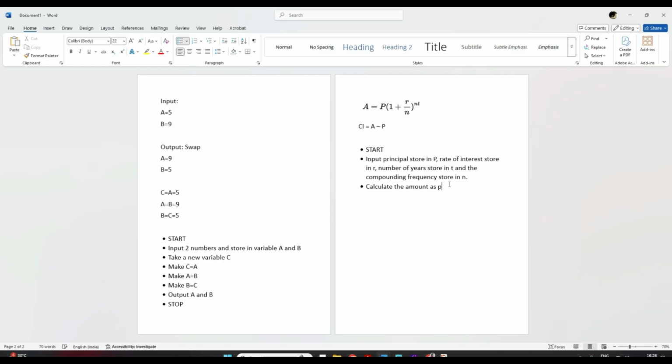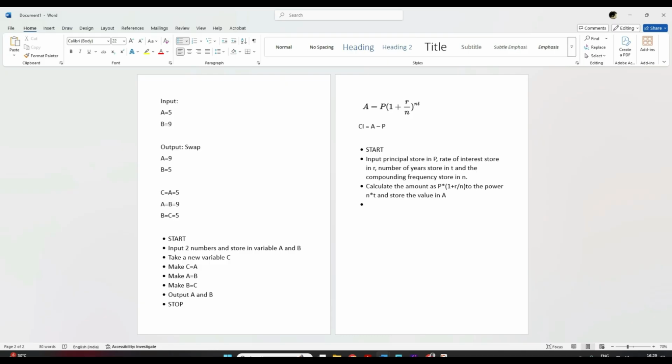So we have to write P into, then P will be my capital, multiplied by, in bracket you have to write 1 plus R by N. And then to the power, so while writing, you can just put that sign for power, and then it will be N into T. Okay. Now calculate this and store the value in A.